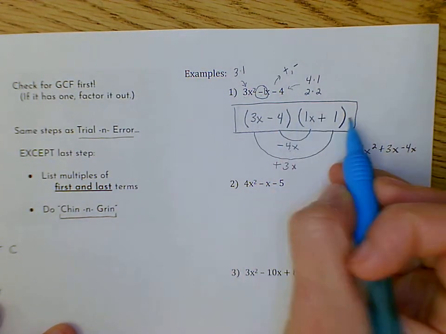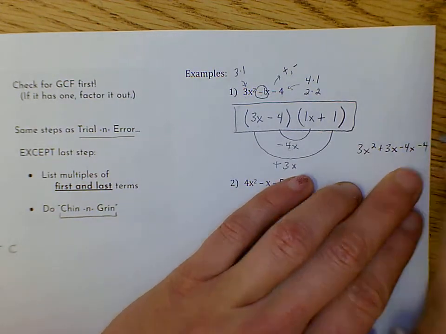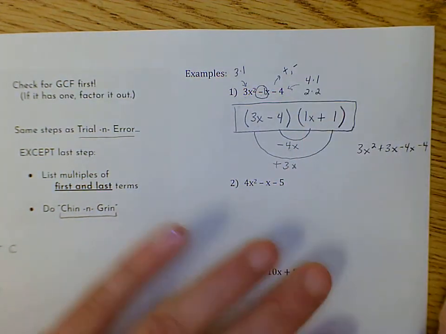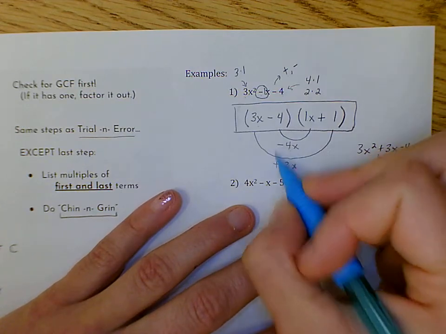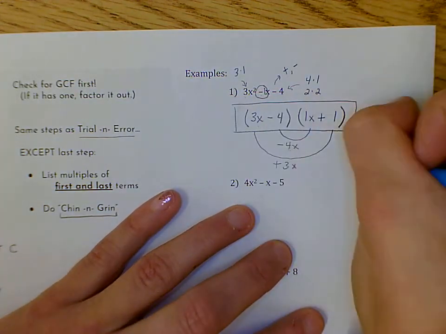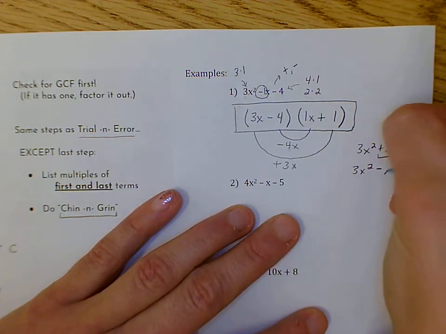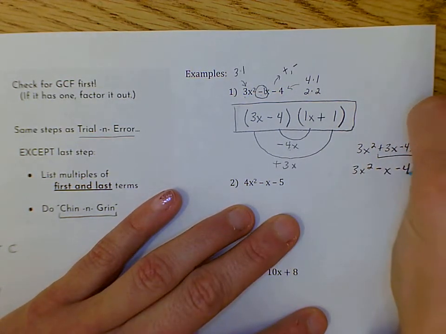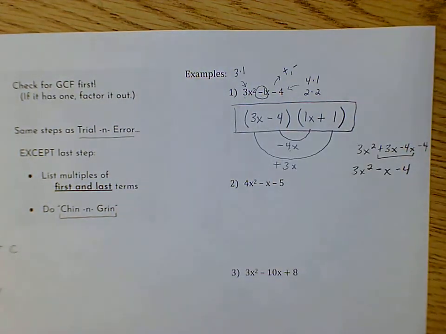And then -4 times 1 gives me -4, which notice is your last term here. And then these will combine, and they should, kind of like what you did here, to give you that middle one. So you get 3x squared. The 3x minus 4x gives you -x, and then -4. And notice you get the same thing as when you started. So you know that's correct, okay?